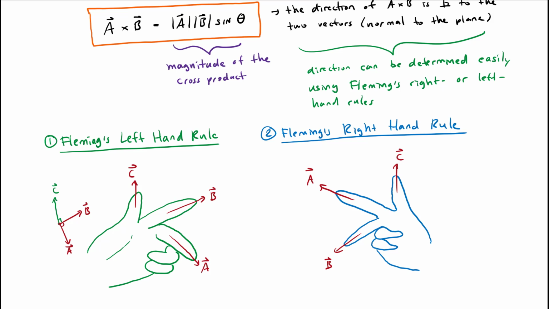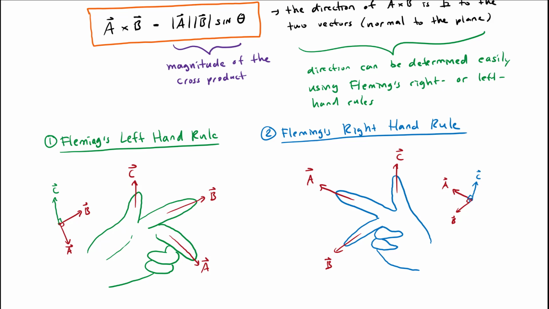And so what I'm looking at here is some sort of origin point. I have A with B, supposedly at right angles, and then I have a C pointing upwards, also at right angles to each of these vectors.